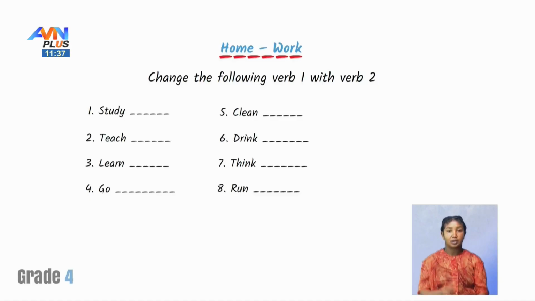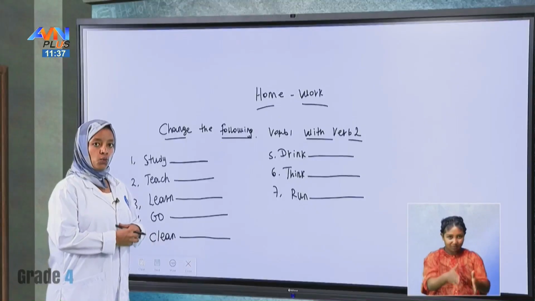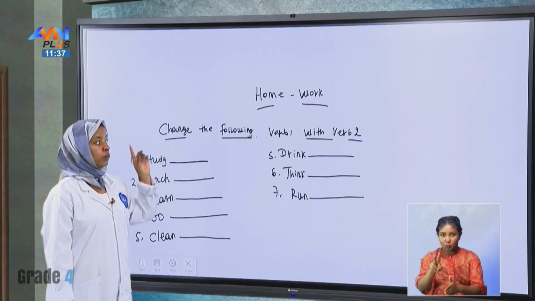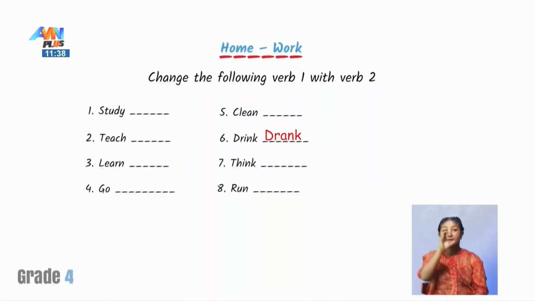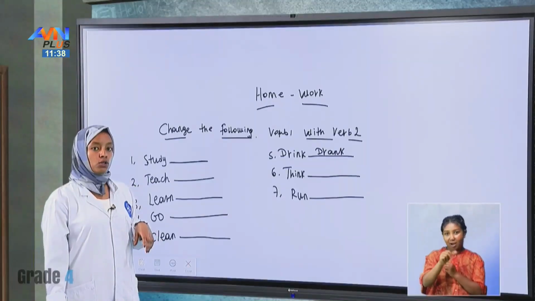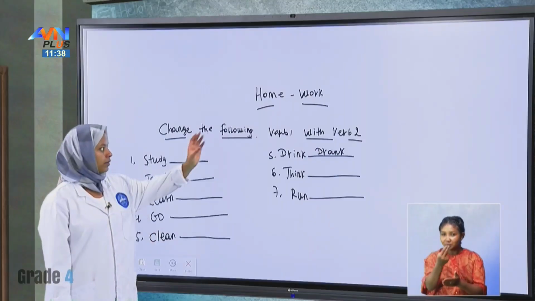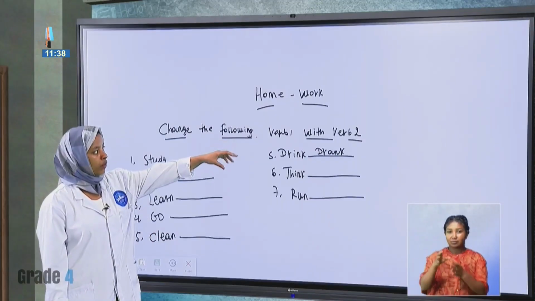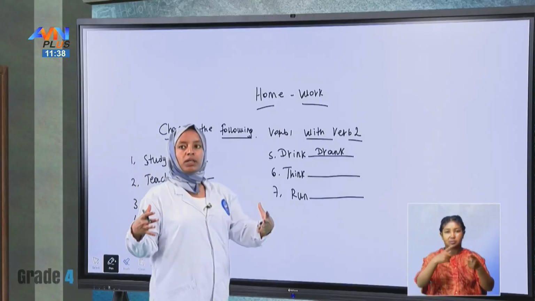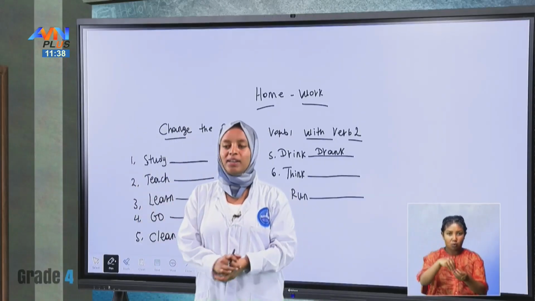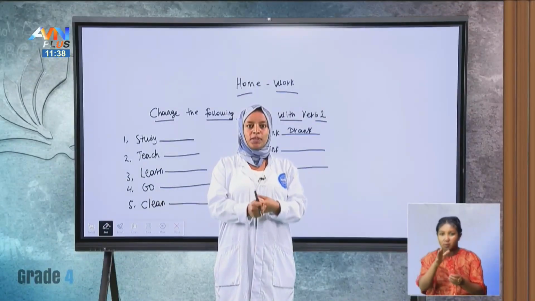Here is the question. So you can change the following words to their verb 2. Let me give you one example. For example, here, drink, drunk. Drink, drunk. I mentioned the example already. So you can try and practice more with your parents and also with your siblings.